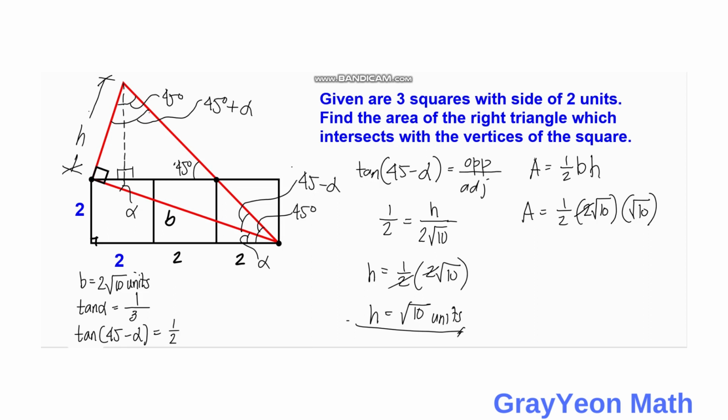So we simply cancel the 2 and 2. And the square root of 10 squared is actually equal to 10 square units. And that is our answer.